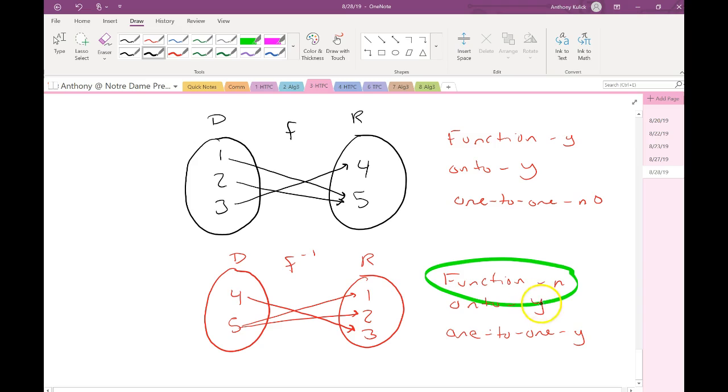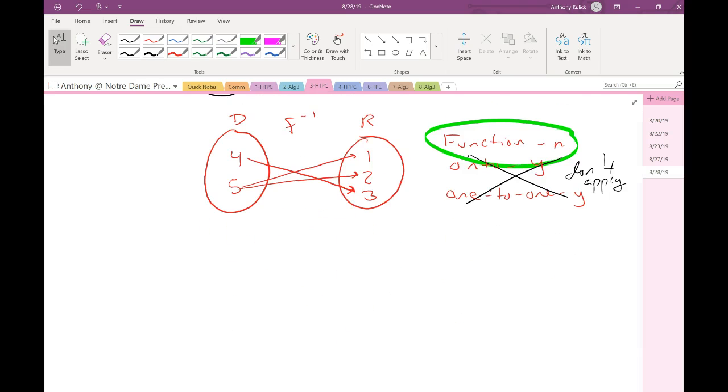Oh, so you're saying that these don't apply anymore? Yeah, that's probably fair. Good point. All right, let's look at another example.